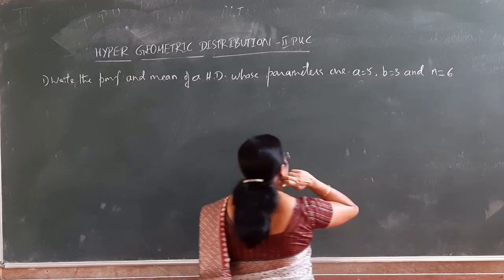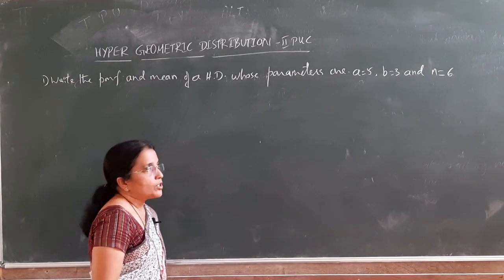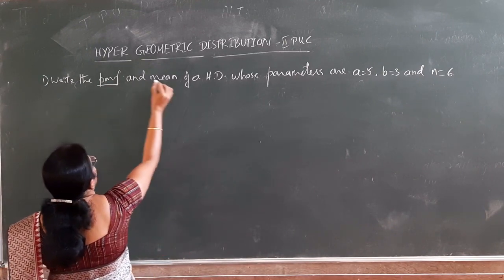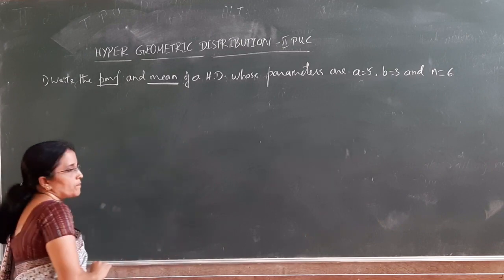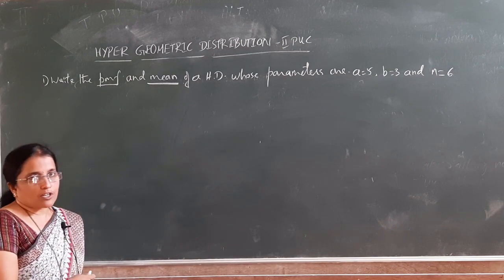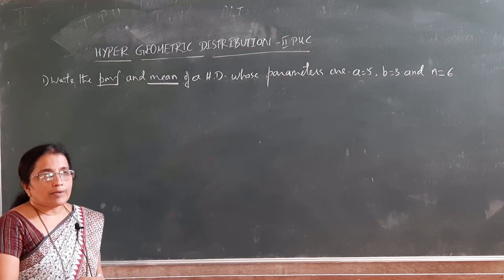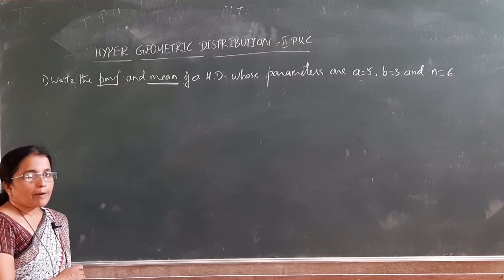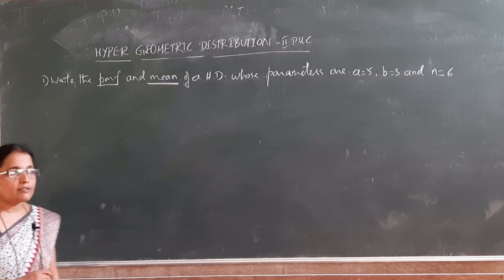Now what is asked? Write down the probability mass function and mean. The probability mass function I just told you, and the mean formula is NA by A plus B.